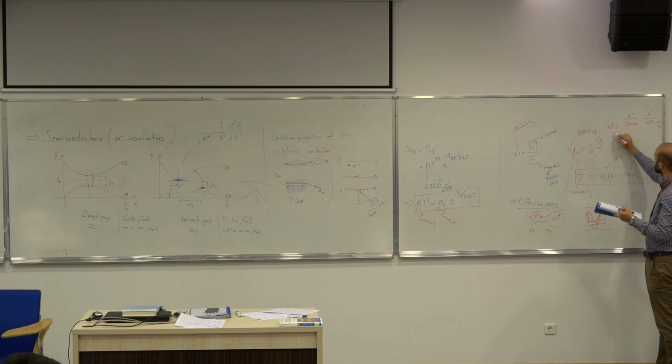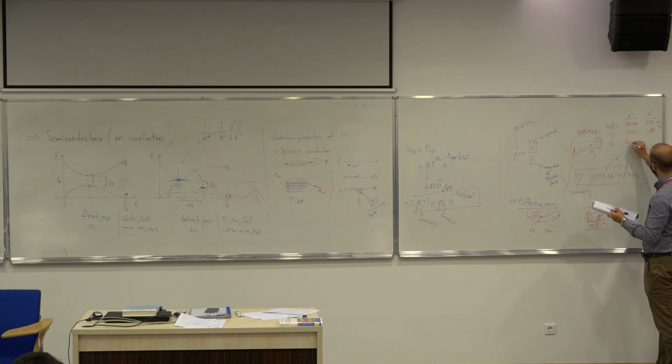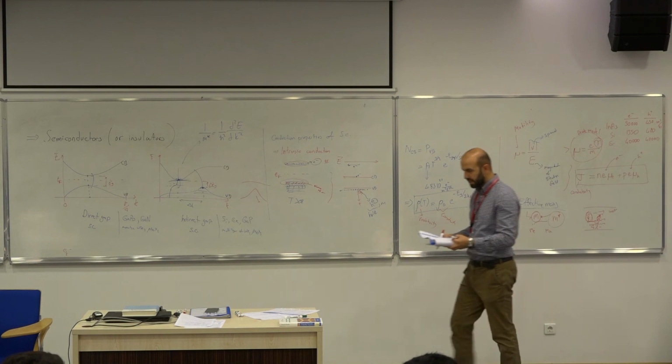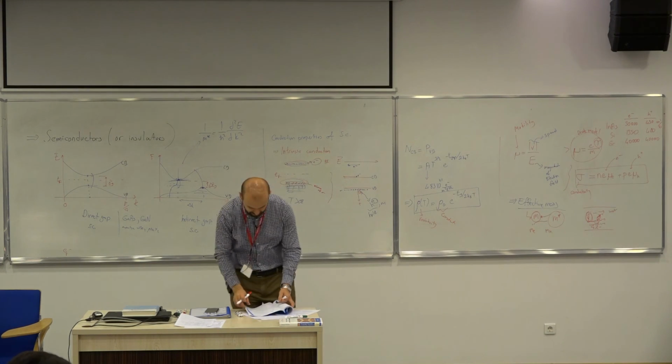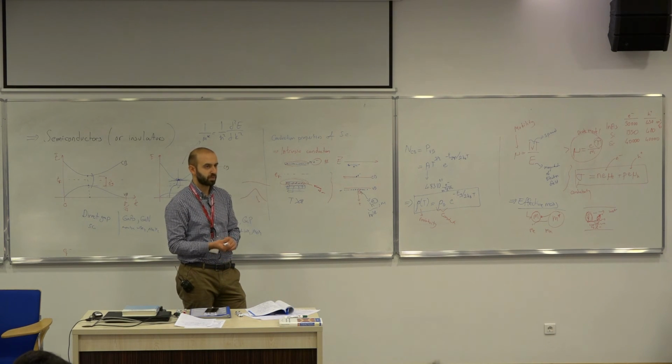In the case of silicon, this value is 1350 and 480. For graphene, of course, this is at low temperatures on silicon dioxide, you have completely symmetric bands, and you have the same mobility values for electrons and holes.